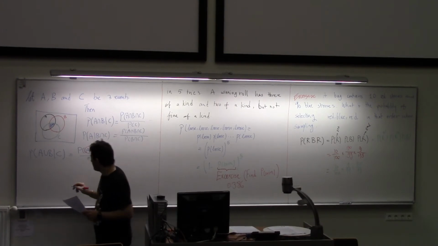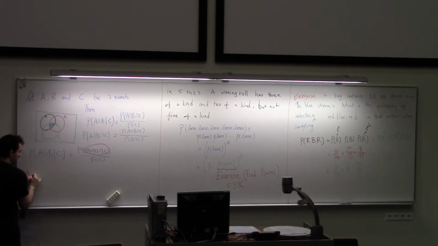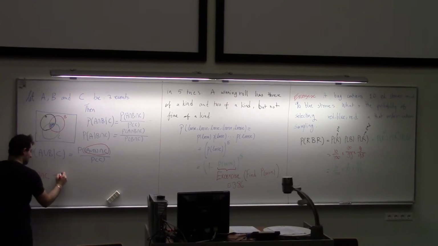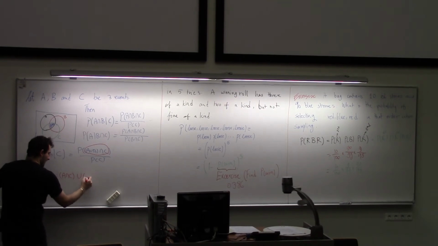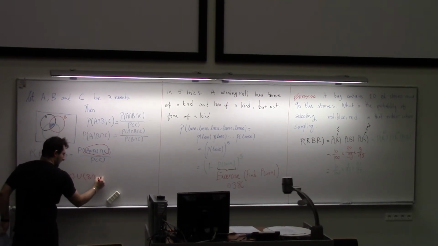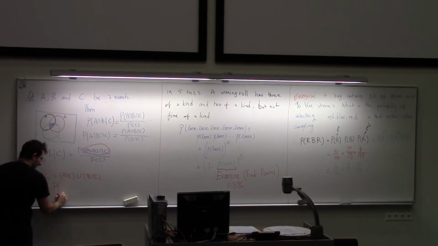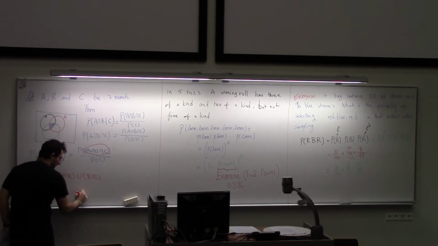A union B intersected by C. Can you expand it? A intersection C, yes, union B intersection C. So the probability of A union B intersected by C is the probability of A intersected by C union B intersected by C.